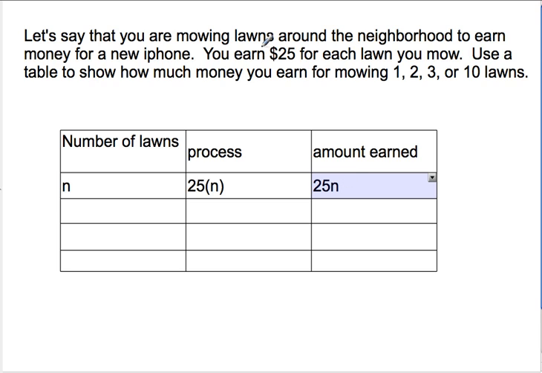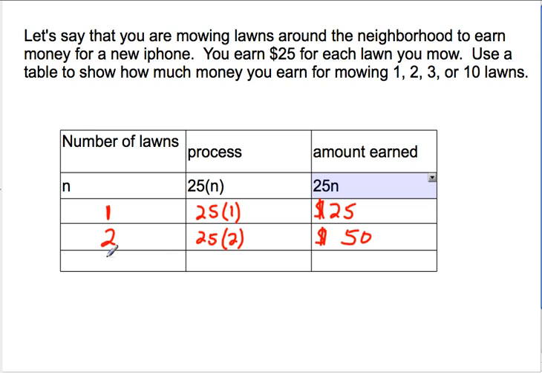Alright, so if we mow just one lawn, we're going to get $25 because we get $25 per lawn we mow. And 25 times 1 is 25. And these are all going to be in dollars. So one lawn isn't going to quite get us to our new iPhone here. So if we mow 2 lawns, we're going to make $25 each. So multiplied by 2 lawns, we're going to end up with $50.